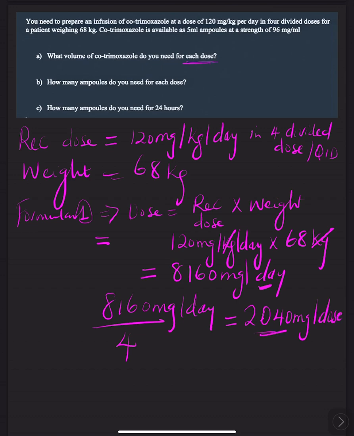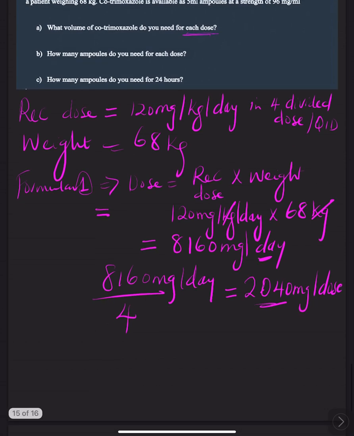Remember, this one is in mg, so we can't stop here because this one is in mg and the question is asking you for the volume. So we need to calculate the volume, and the volume should be in milliliters. So the next step is to look at what the ampoule is coming at.